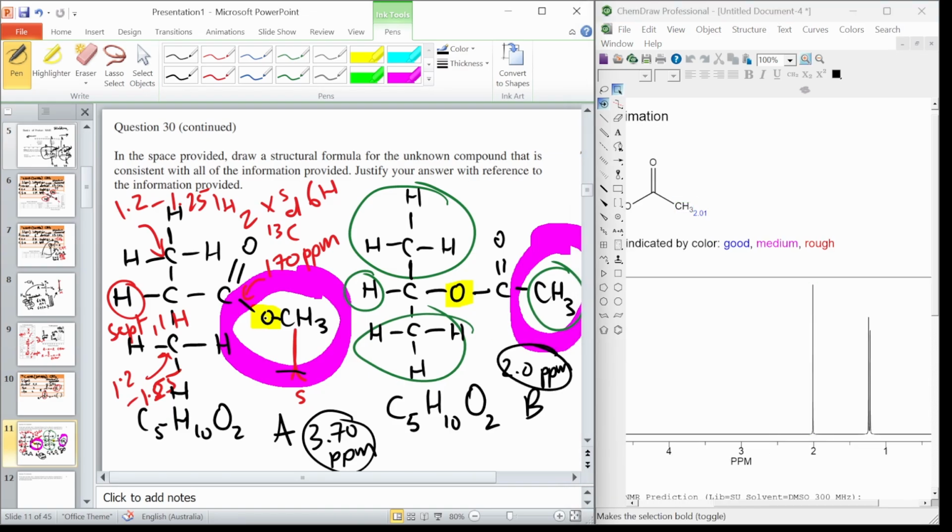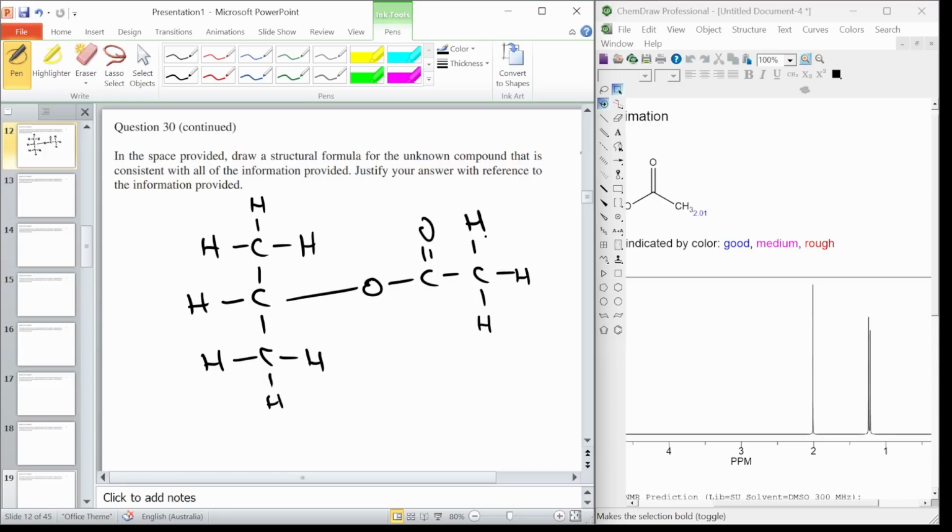The CH3 that's next to the oxygen is deshielded, so it's going to be more to the left of the NMR spectrum. The CH3 that's next to the carbonyl is shielded, and so it's going to be more to the right of the proton NMR spectrum. So that's your answer.